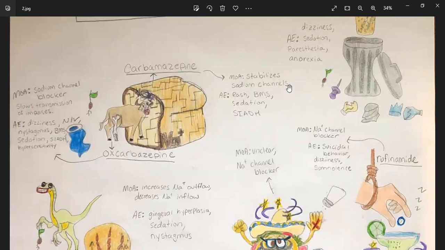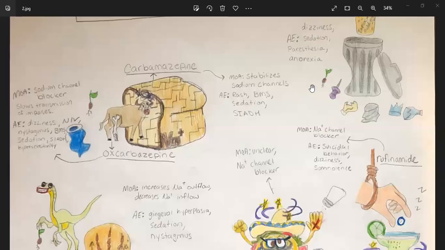This stabilizes sodium channels. So here we have sodium, looks pretty stable in there. Adverse effects are rash, bone marrow suppression, sedation, and SIADH, which is very important to remember.